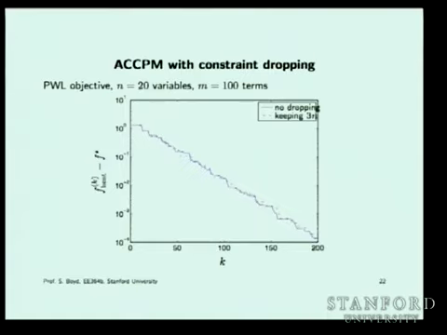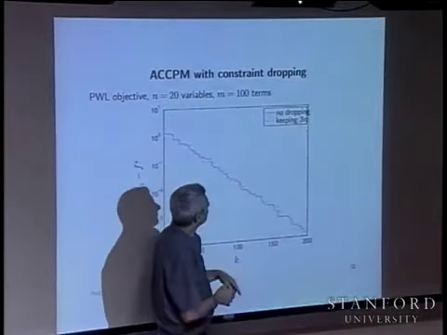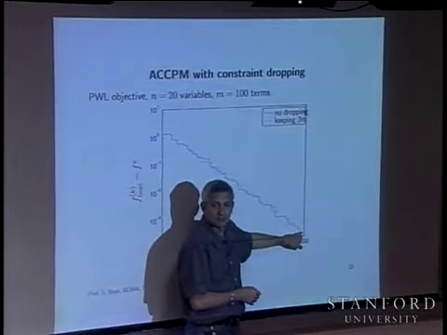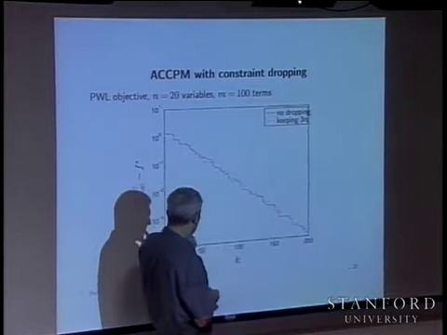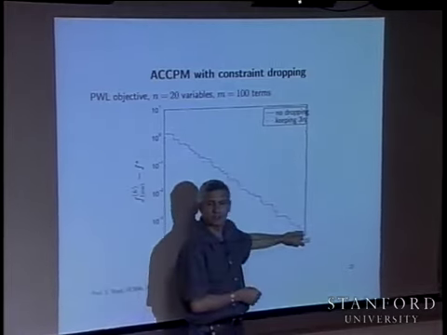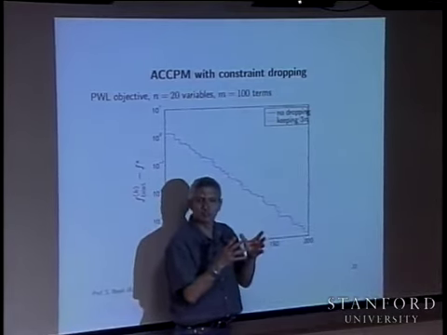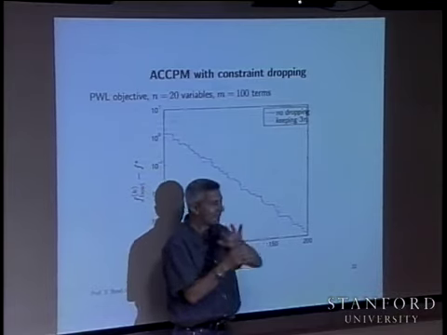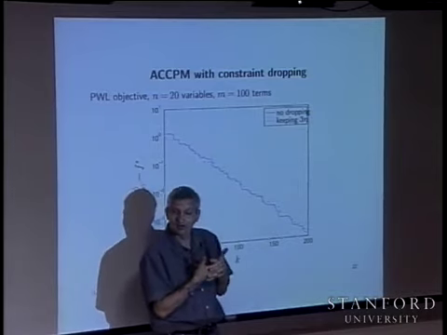And this is the progress if you do no constraint dropping, the blue thing. Now remember, when you do no dropping, up here, your polyhedron has 240 inequalities. So that's this thing in R^20, a polyhedron in R^20, kind of a small one, by the way, at this point. By the way, I have no idea how many of the 240 are redundant.